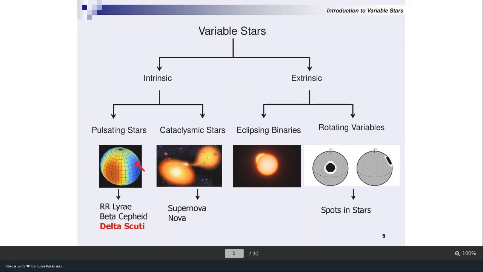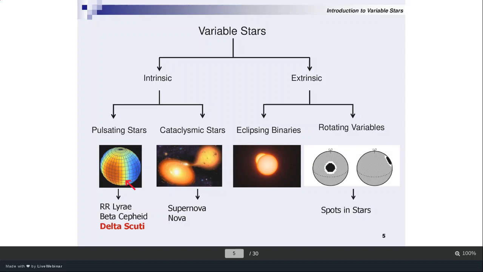There's one reason: these delta Scuti type stars are very short period variables, so we can actually get the variation within 1 day. In terms of observational constraints, it is very easy to get a few cycles within 1 night.